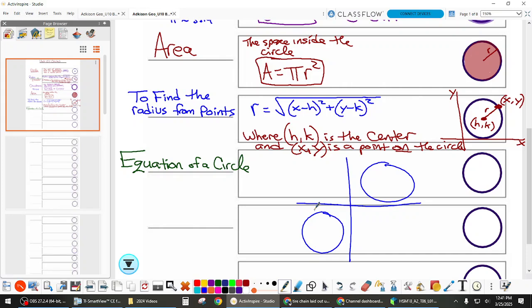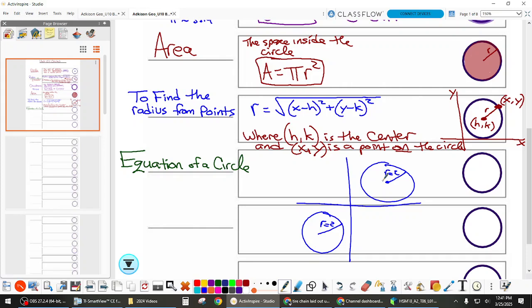How could I make this circle be that circle? If they're the same size, let's say they both have a radius of 2, how could I make this circle become that circle? Yeah, I mean, somehow move it over there, right?